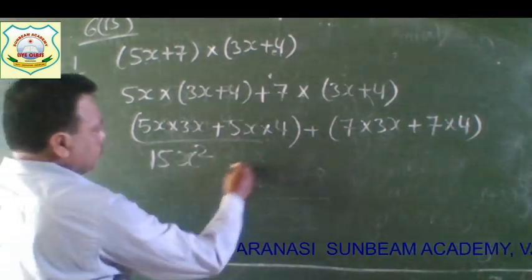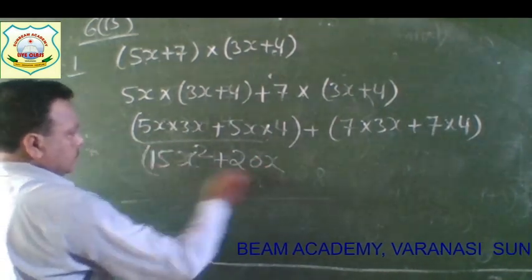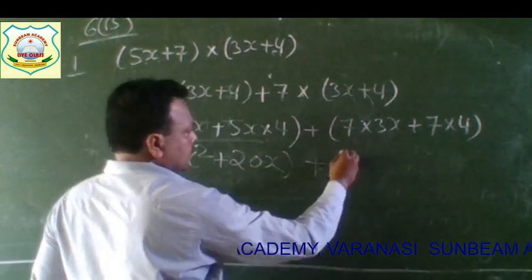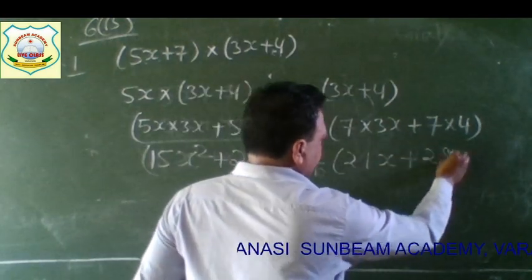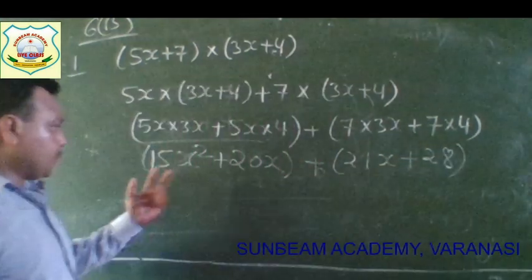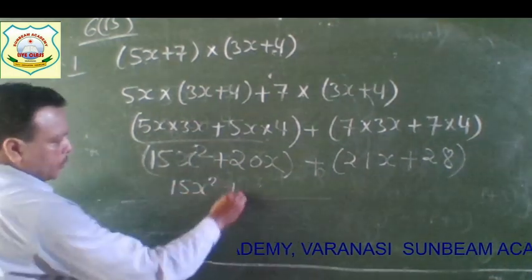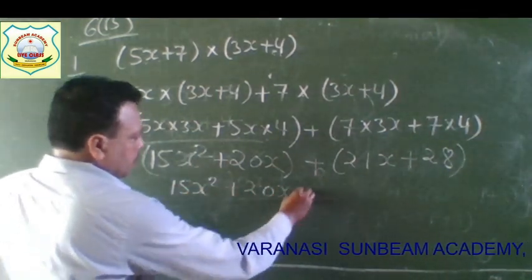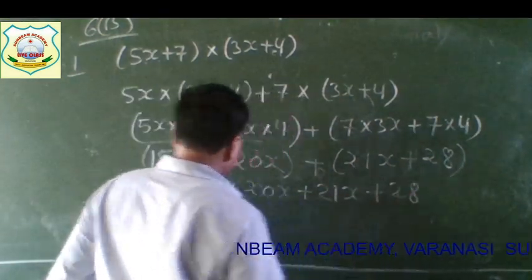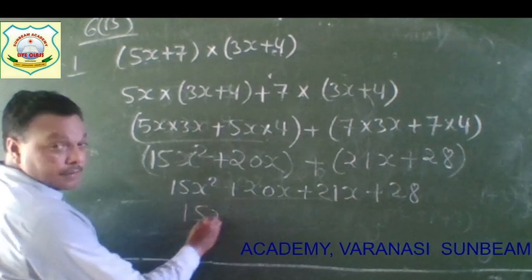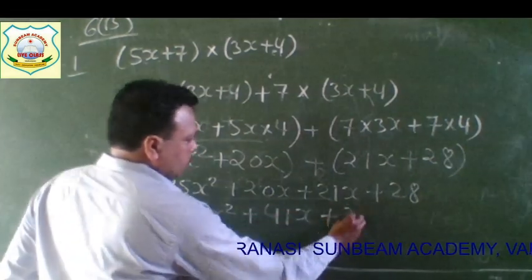Now 5x into 4 is plus 20x, plus 7 3s are 21x, plus 7 4s are 28. Clear? Now we will open the bracket: 15x square plus 20x plus 21x plus 28. So 15x square plus 41x plus 28.